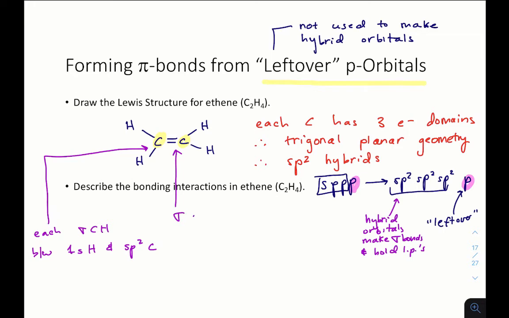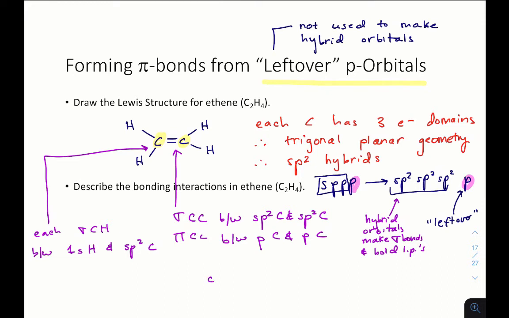There is a sigma CC bond between sp2 orbitals on both carbons. Yes, hybrid orbitals make sigma bonds and hold lone pairs. And then there is a pi interaction between the leftover p orbitals on each of these carbons. P orbitals make pi bonds.